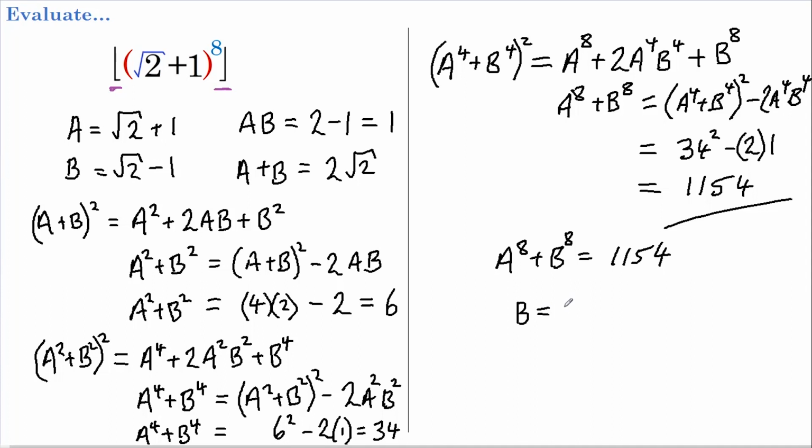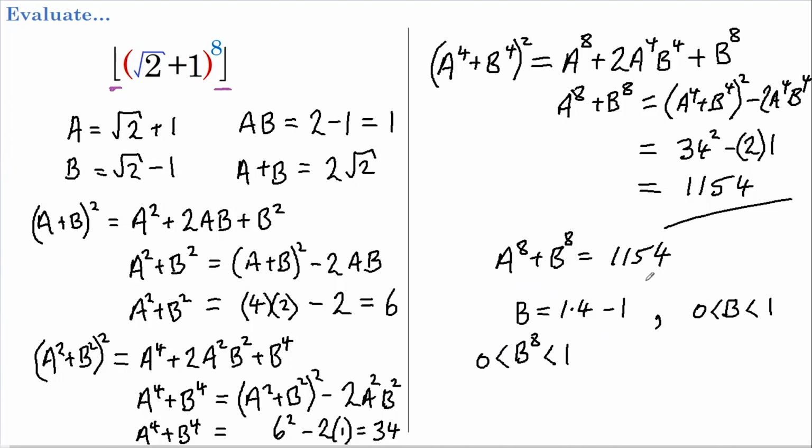Well, root 2 is about 1.4-ish, and we're going to deduct 1. So we can say that B has got to be greater than 0, but less than 1. And if this is true, then B to the power of 8 must also be greater than 0 and less than 1.